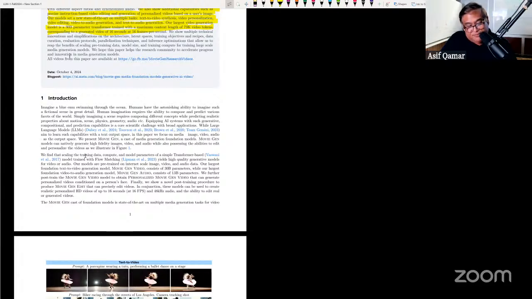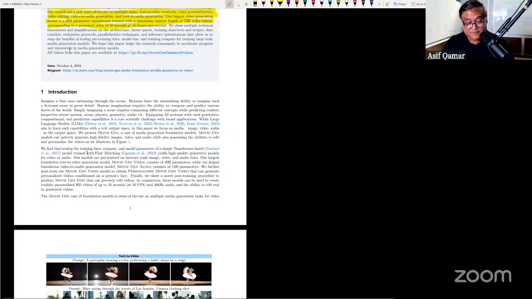We present MovieGen, a cast of media generation foundation models. MovieGen models can natively generate high-fidelity images, videos, audio, while also possessing the ability to edit and personalize videos. You saw that. You can actually take a video and edit it.